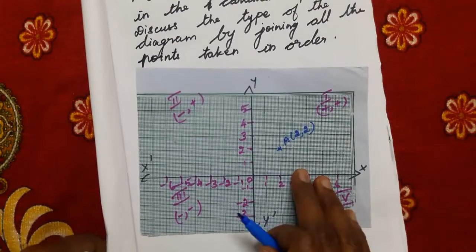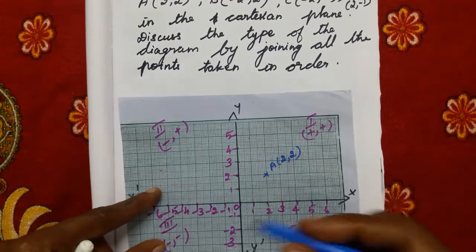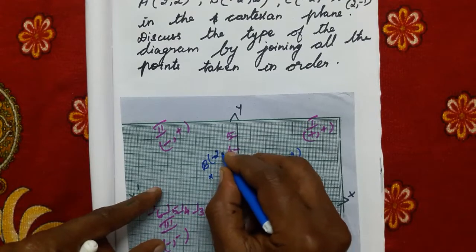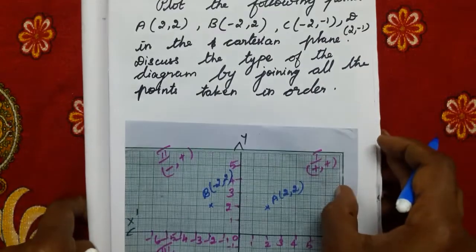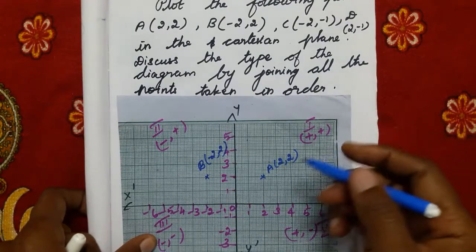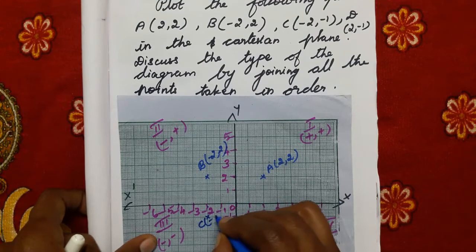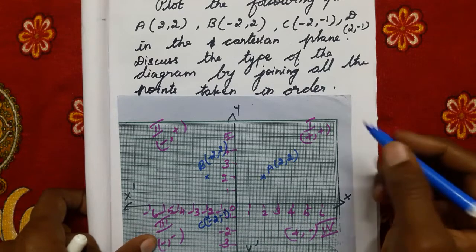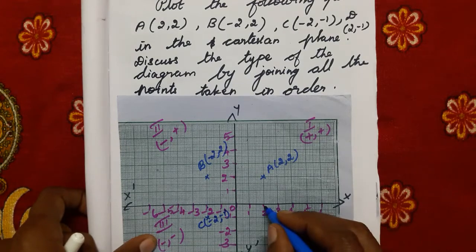So minus 2, comma 2. So B (-2, 2). Next is C (-2, -1). Then D (2, -1). D is positive, negative.